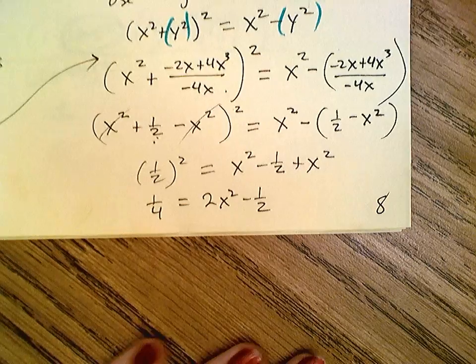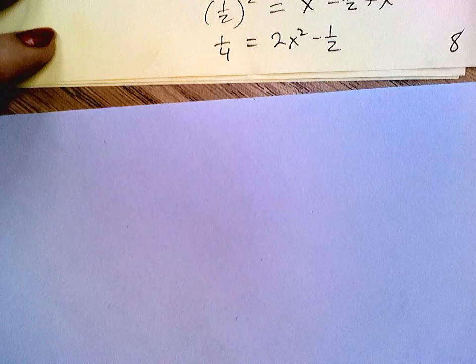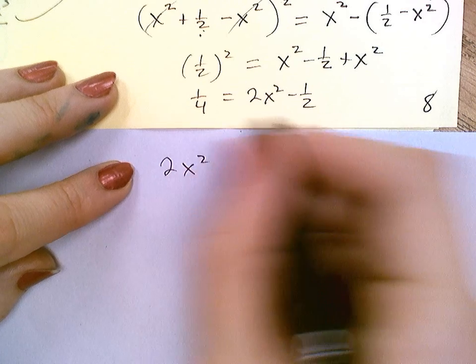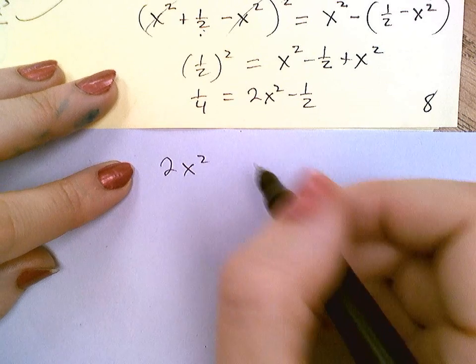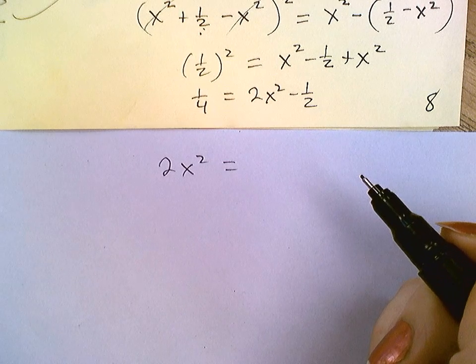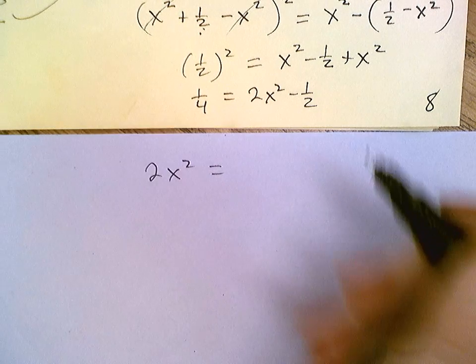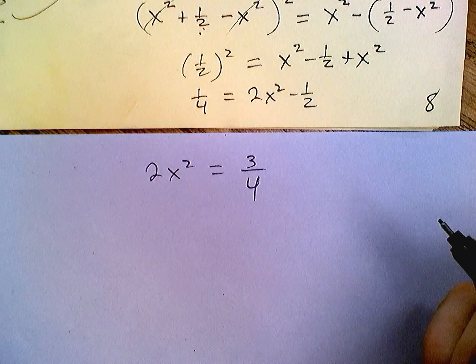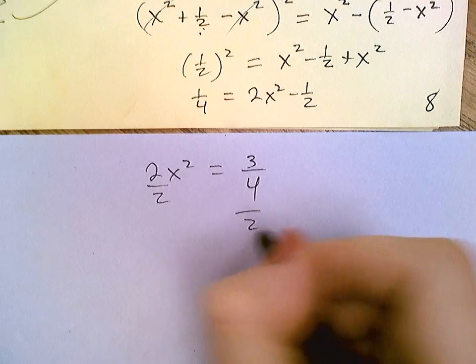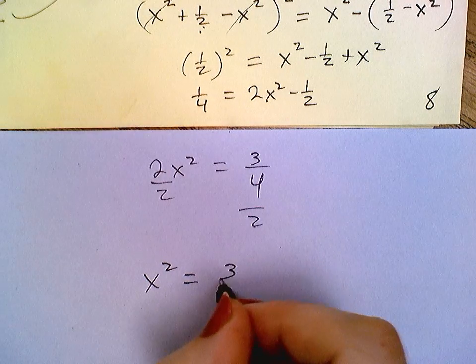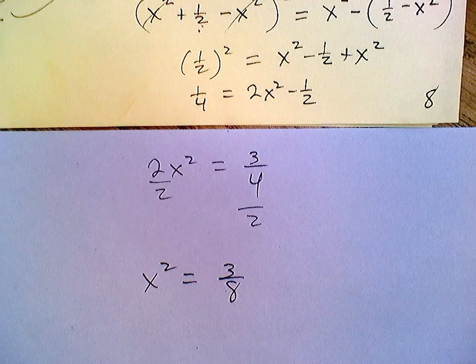Okay, let me grab another paper. So this is 2x squared. I have to add 1/2 to both sides, equals, so 1/4 plus 1/2 is 1/4 plus 2/4, which is 3/4. And then you divide by 2. x squared equals 3/8.